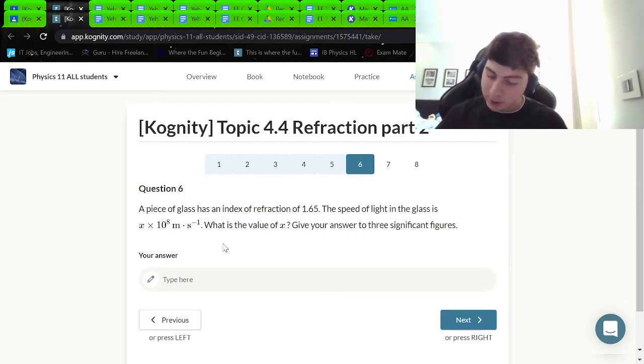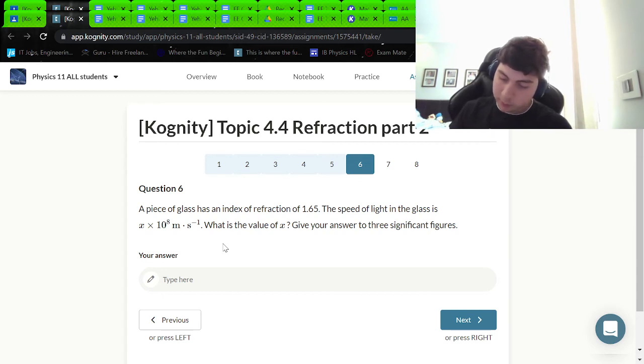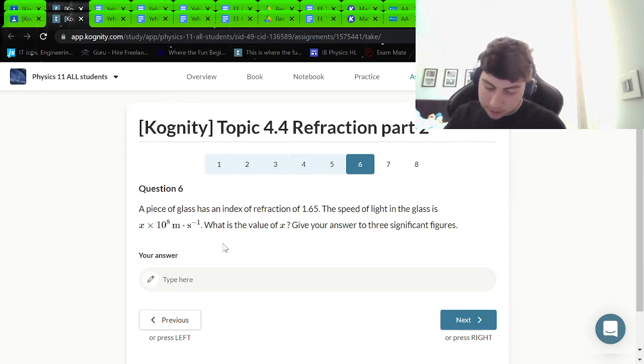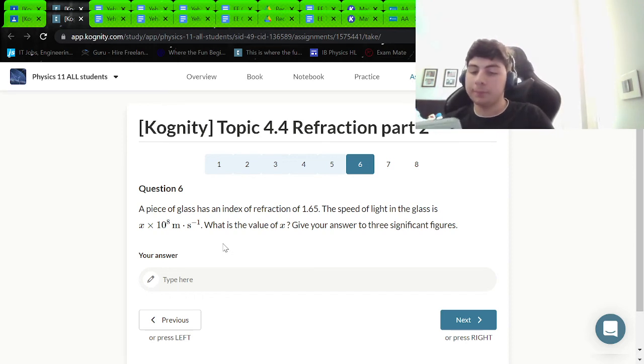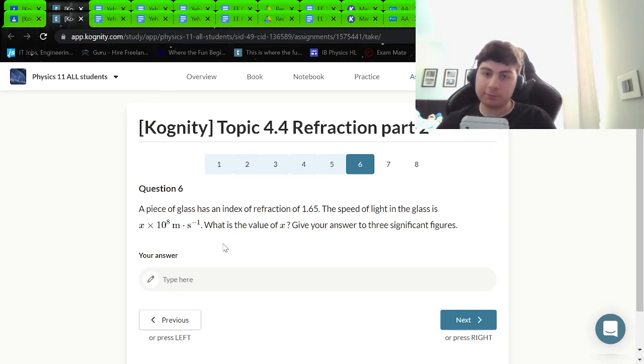So N1, we know it's air, over 1.65 is equal to V2, which we don't know, but we know 3 times 10 to the 8 is on the bottom. We put x here. We cross multiply. So it becomes 3 times 10 to the 8 is equal to 1.65x. And we divide, so 3 times 10 to the 8 divided by 1.65.